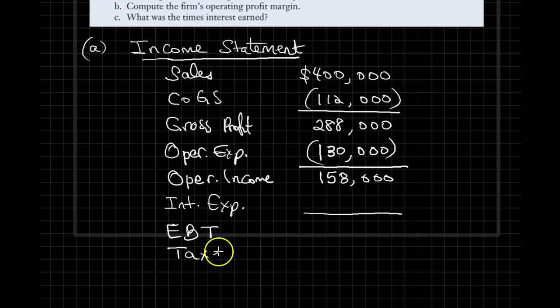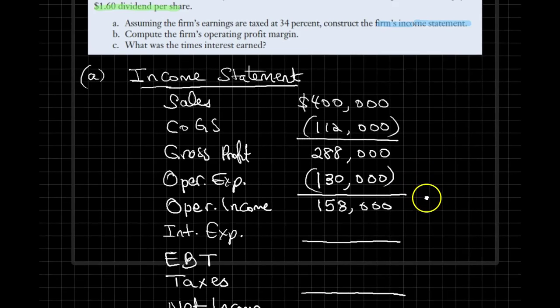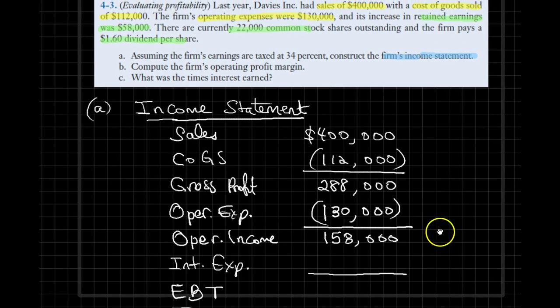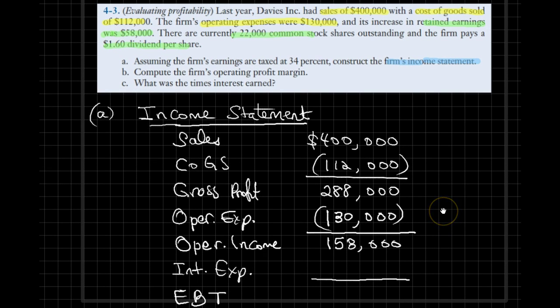Then I would further deduct my taxes, and I will come upon my final line, which is net income. But as I said, we have a barrier here right now that we need to somehow figure out what to do next.